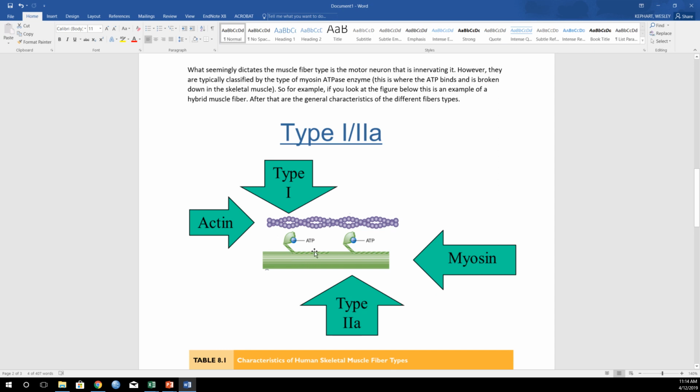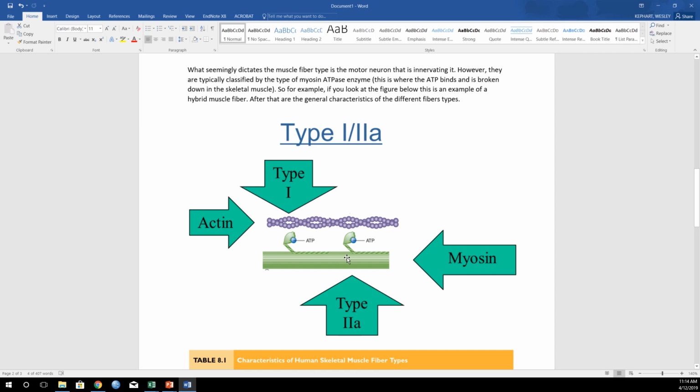Here's actin, here's myosin, here's where the myosin heads are, so that's where the myosin ATPase is going to be. We might have a type 1 myosin ATPase here to break down that ATP, and we might have a type 2A myosin ATPase here to break down that ATP. So then we would call this a type 1/2A fiber, so it would be a hybrid fiber.